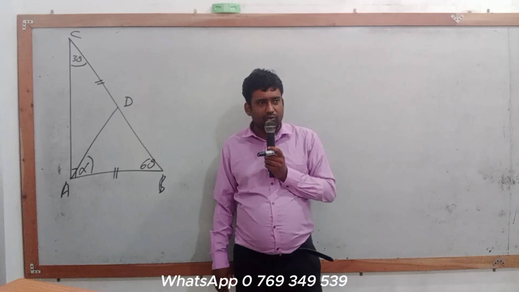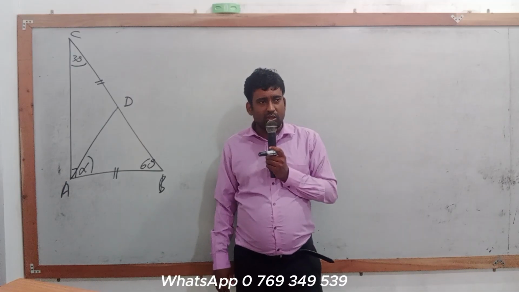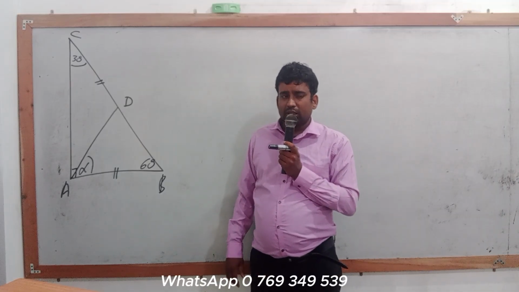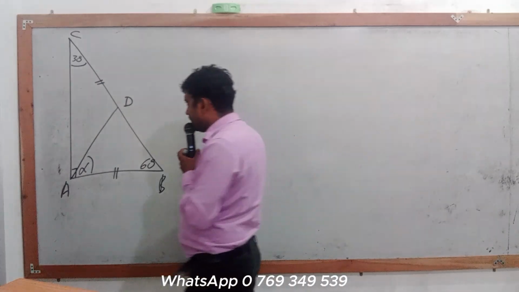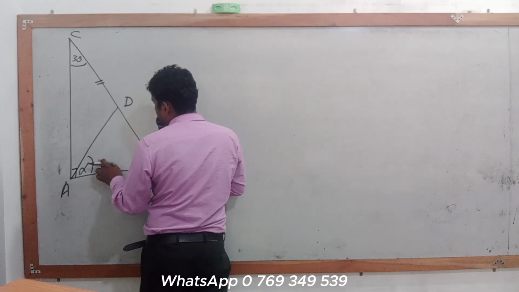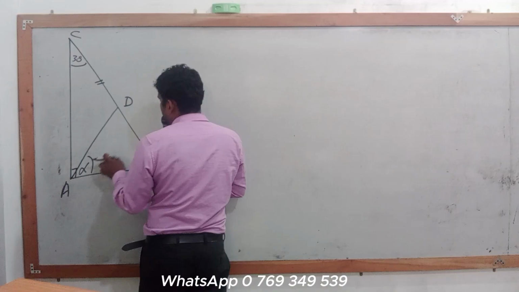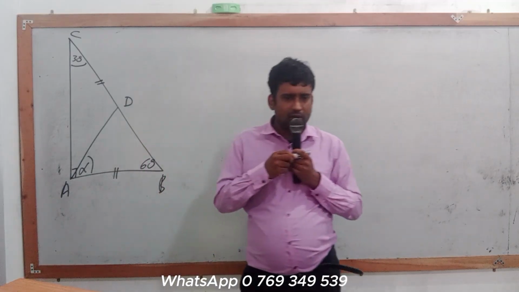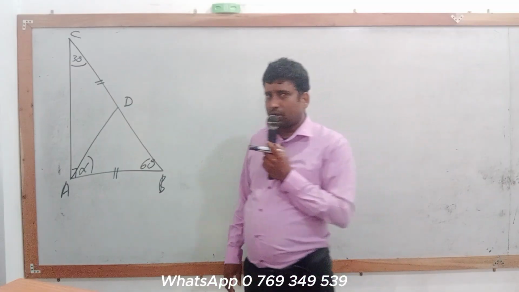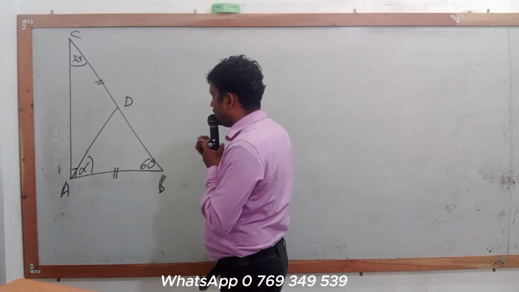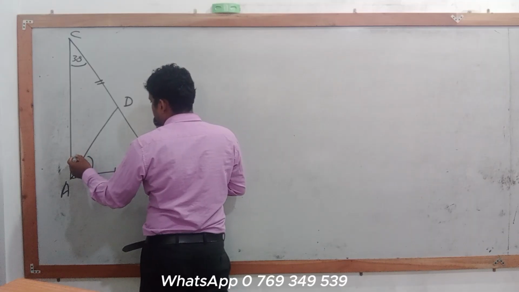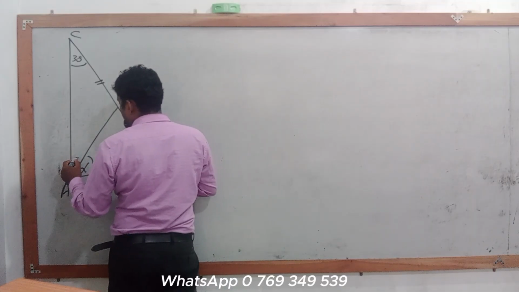Using the sine rule for suitable triangles, show that cos(alpha minus 30). We have to find alpha minus 30. This is alpha. This is 30. Here the angle is 90 minus alpha.